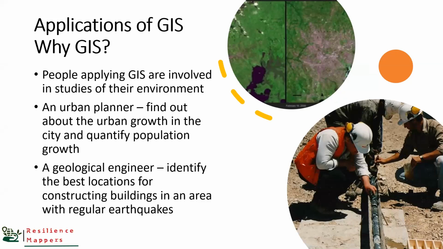GIS informs this, which is why most of the buildings they construct are not affected much, because they know exactly where to construct buildings at low risk in case of earthquakes.